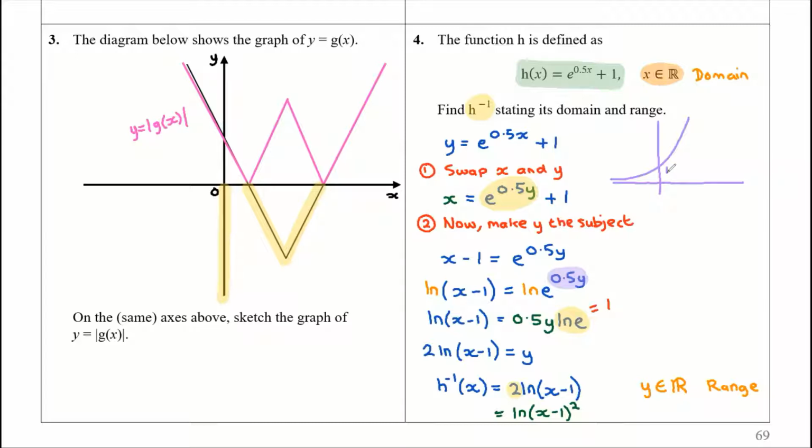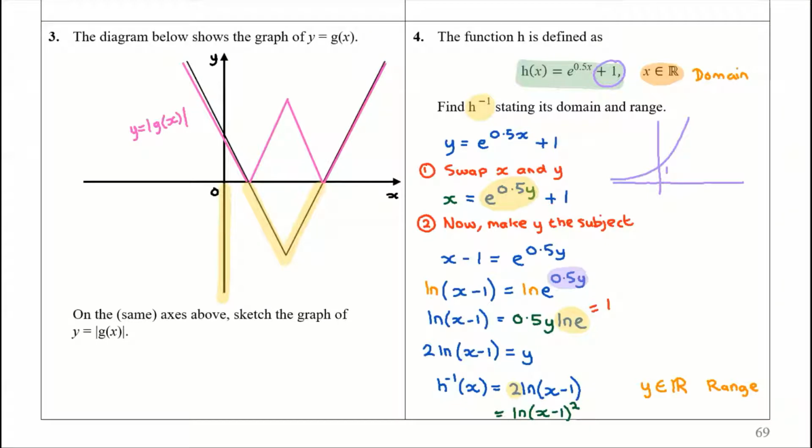But what we do need to consider is what happens when we add 1. So this whole function is now going to be shifted up by 1 unit. So let's shift it all up by 1 unit. It's actually going to do something like this. So the y-intercept is now going to be at 2. And that horizontal asymptote, which I didn't actually mention but you should know about anyway, has also been shifted up by 1 unit.